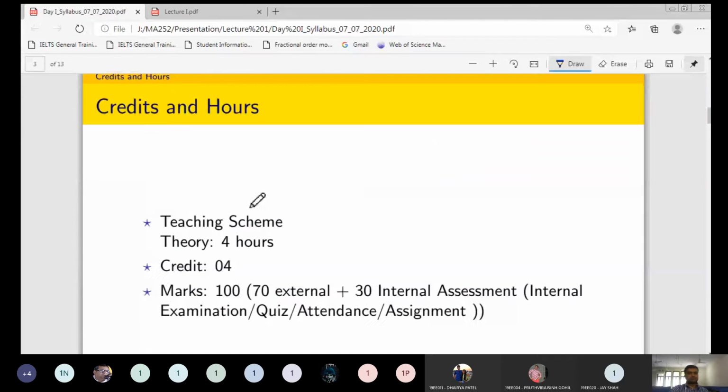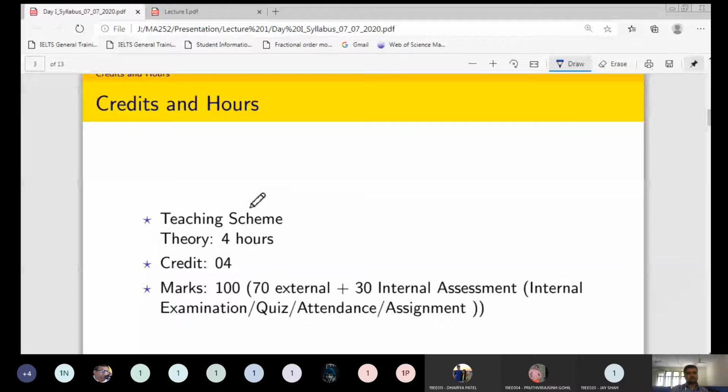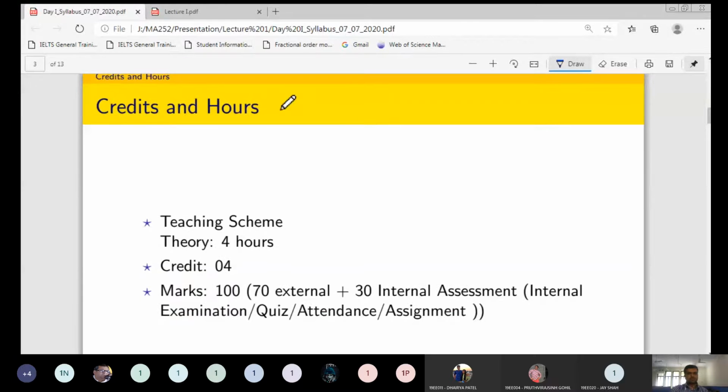So these are the credits and hours of our course. Weekly you have 4 lectures of MA 252. There is no tutorial section, so the only classwork is that. We will meet for 4 hours in a week: 2 hours by myself and 2 hours taught by Neeru madam.